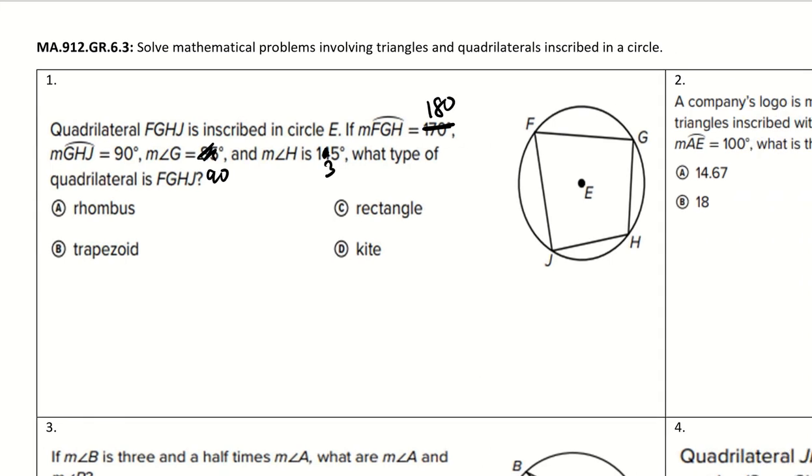So, okay, so angle H is 135. So let's do that first. Angle G is 90. And then FGH is 180. Okay, so that's FGH. And then GHJ.